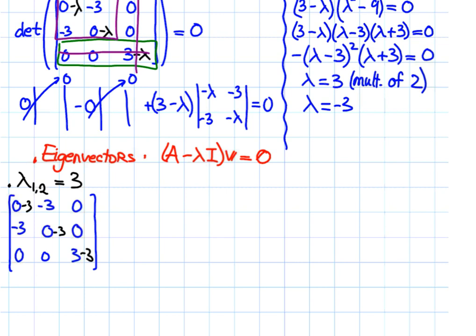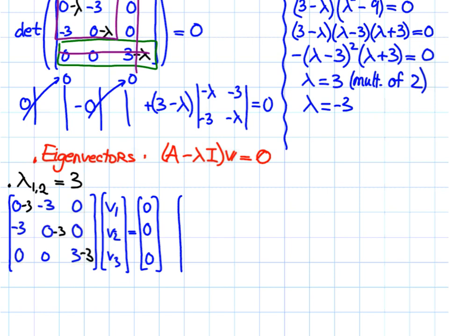By the way, we still multiply with V, and that equals a 0 vector. Right. So that matrix form should be -3, -3, 0, -3, -3, 0, and all zeros.